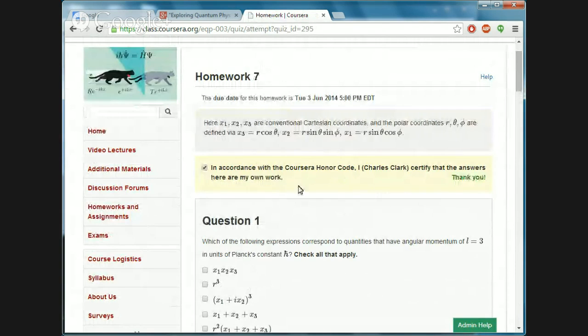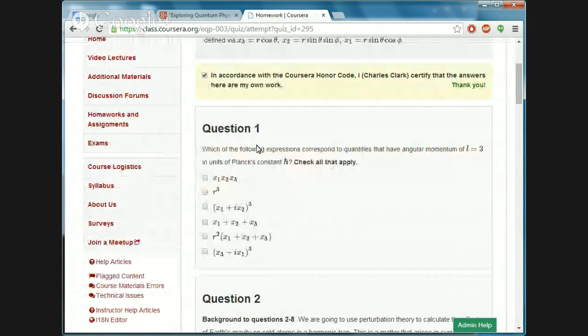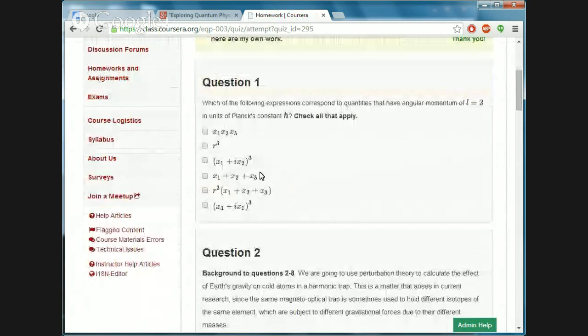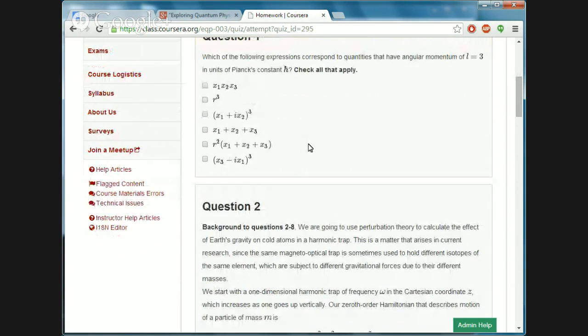Okay, I'm going to agree with the honor code. This is a problem left over from the previous lecture. What you saw was the second of 2 lectures in week 7; the first was on angular momentum. There are 2 lectures per week. Each occupies about an hour and is cut into 4 or 5 parts of between 10 and 15 minutes. That's the format.